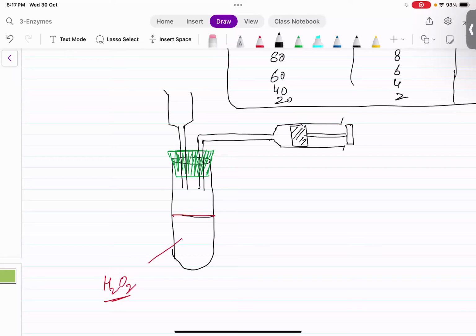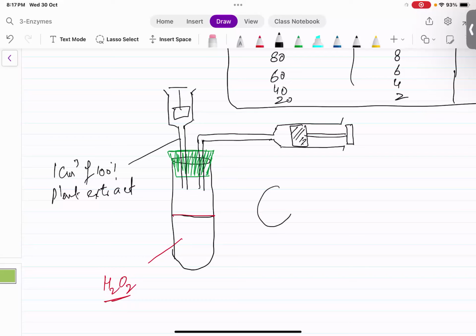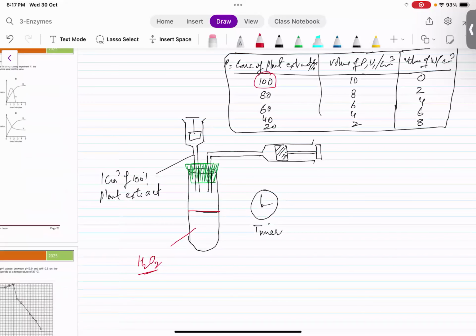So with the help of this syringe, we pour 1 cm³ of 100% plant extract. And we start the timer and record the volume of oxygen collected here.